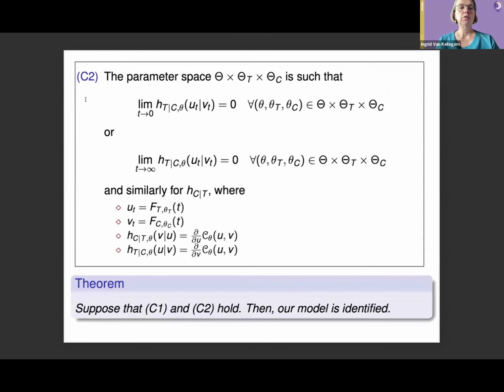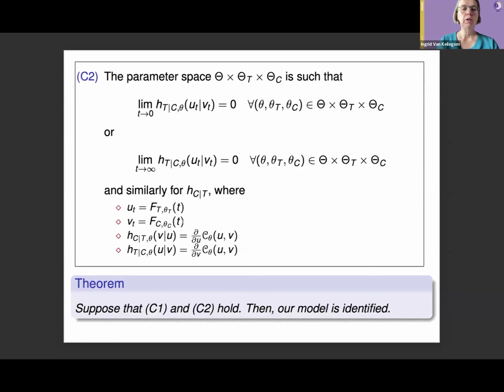And then the second condition, the C2, this is regarding the so-called H functions. And the H functions in the context of copulas, they are the partial derivatives of the copula with respect to the first and the second argument. And so we also have to assume that these H functions, when t goes to 0 or when t goes to infinity, that their limit is also 0 when you evaluate them in u_t and v_t. And u_t and v_t are the marginal distributions of T and C at the point t.